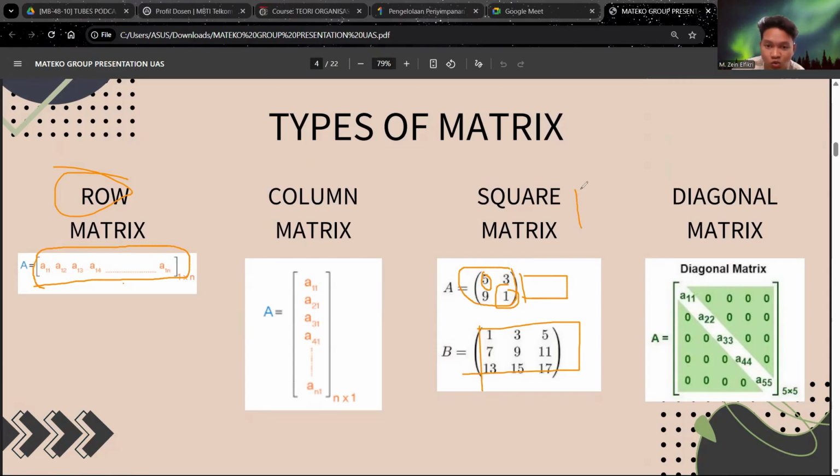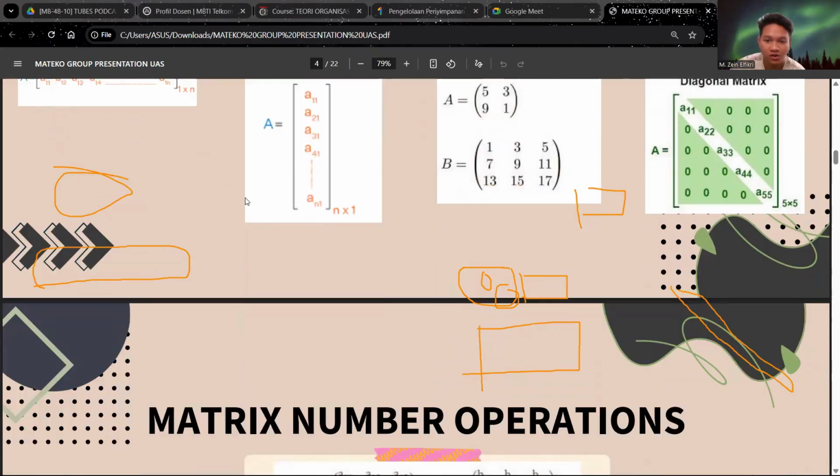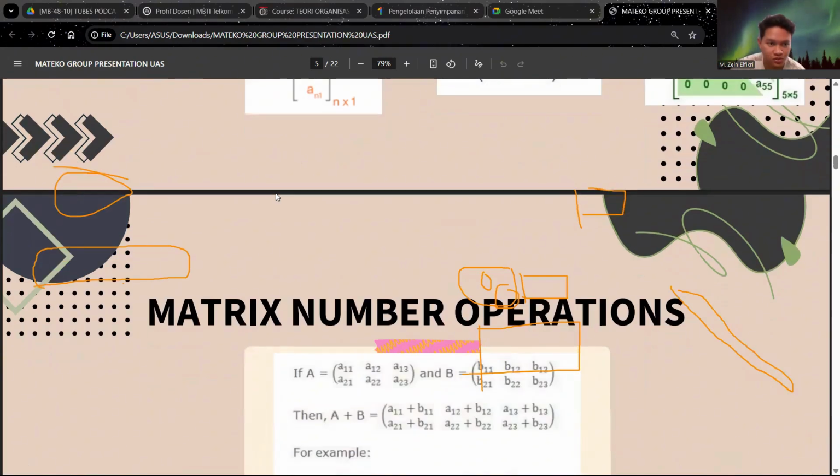The shape is square like this. Next, the last one is the diagonal matrix. Why diagonal? Because the shape is like a diagonal: A11, A22, A33, A44, and the last one A55. This 5 times 5 matrix we call diagonal. Okay, we erase this first.